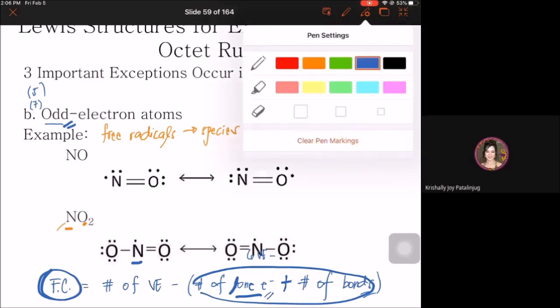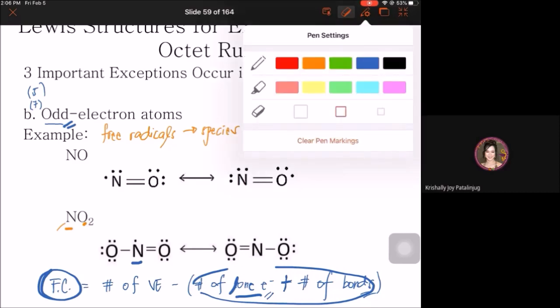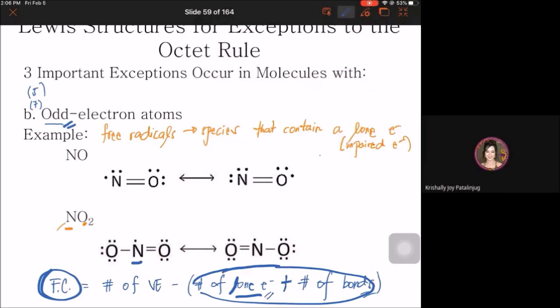It will have an unpaired electron. Okay? So, sige, check natin ha. Ayan. So, let's have the first structure. Paano naging meron siyang unpaired, no? Or one lone pair. Walang partner. Sige. For the placement, no problem.